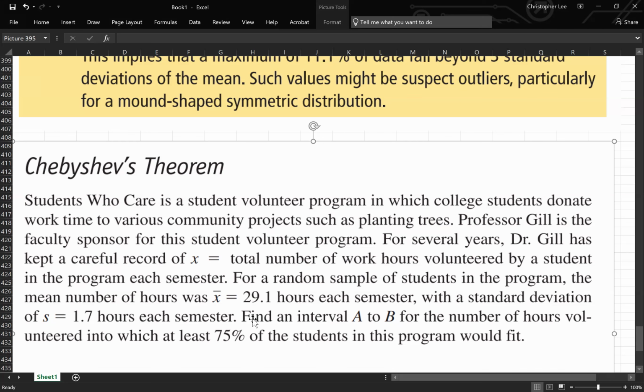For a random sample of students in the program, the mean number of hours was x bar equal to 29.1 hours each semester, with a standard deviation of s equal to 1.7 hours each semester. Find an interval from a to b for the number of hours volunteered into which at least 75% of the data of this program would fit.